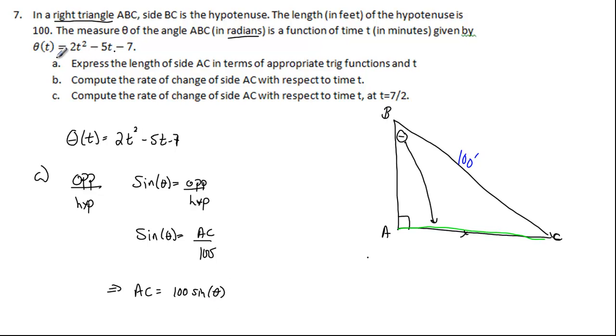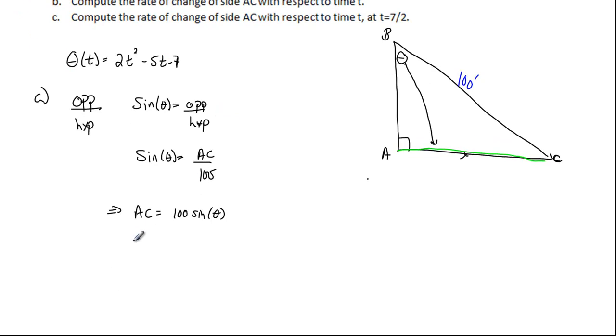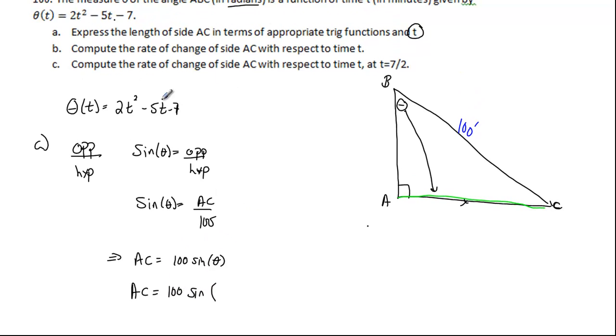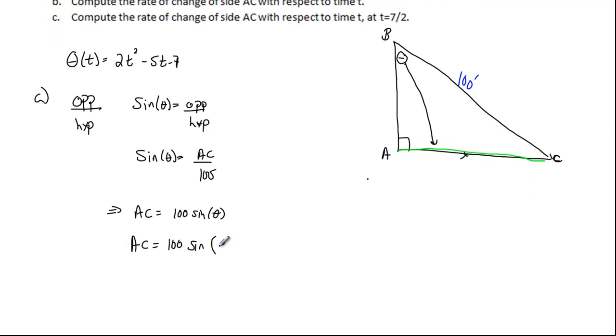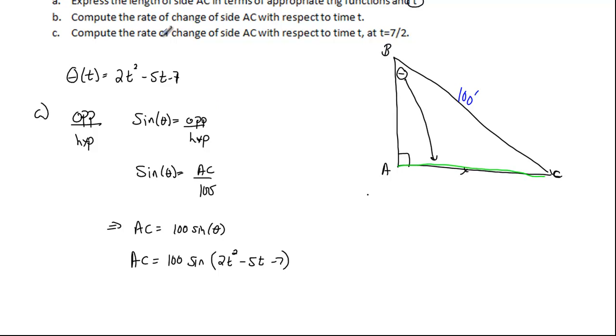But we know theta in terms of t is equal to 2t squared minus 5t minus 7. So in fact, our length AC is equal to 100 times sine of 2t squared minus 5t minus 7. So now we have done what the instructions have asked us.